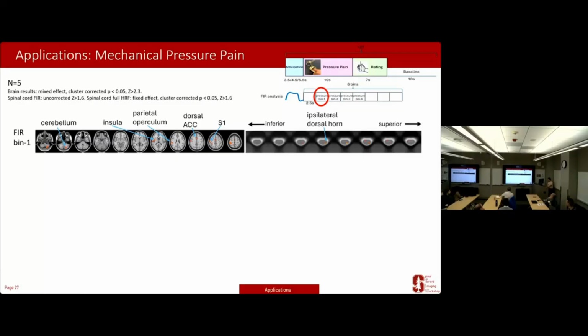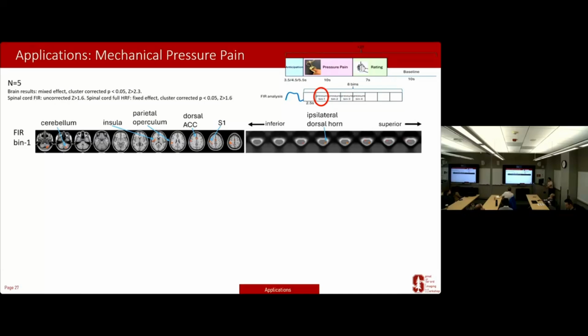I'm showing here the group result of 5 subjects. Bin 1, this is what I call bin 1, starts 2.5 seconds after the pressure pain onset.